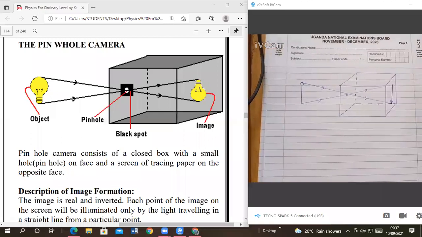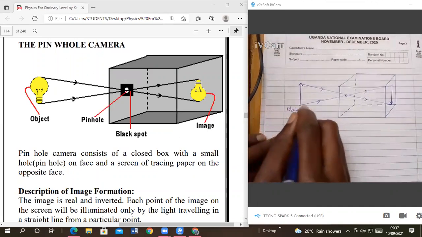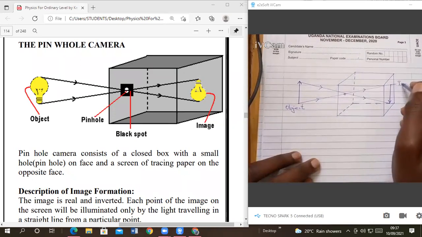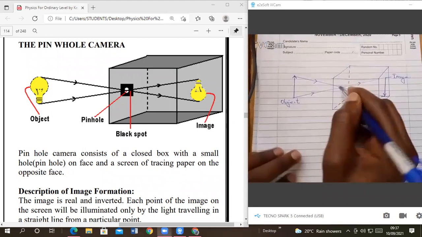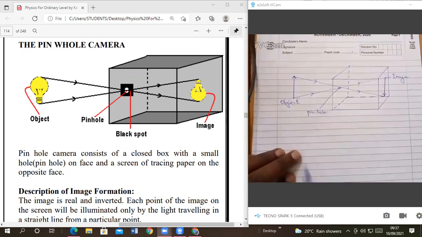Members, have you seen that? Yes. So that's how we draw it. This is our object. Then this is the image. Then this one is the pinhole.